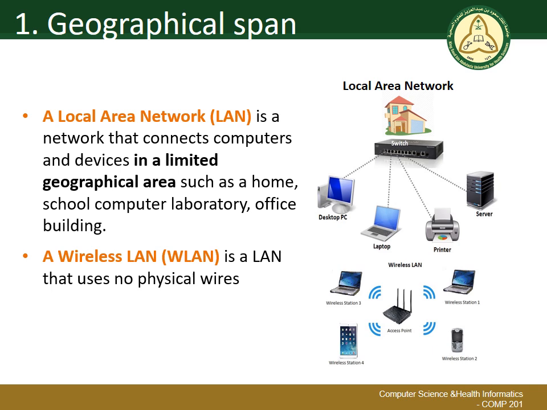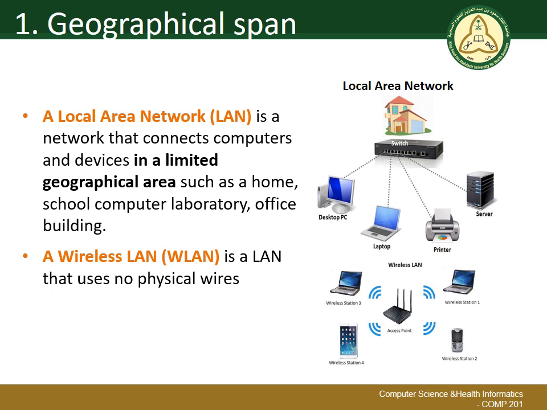The local area network could be a wired local area network or a wireless local area network. Wireless means that the transmission media between the connected devices is wireless. So it is a network that connects computers and devices in a limited geographical area, such as home, school, computer laboratory, office building, and so forth. Also, if there are two buildings close to each other, we can still call it a local area network.